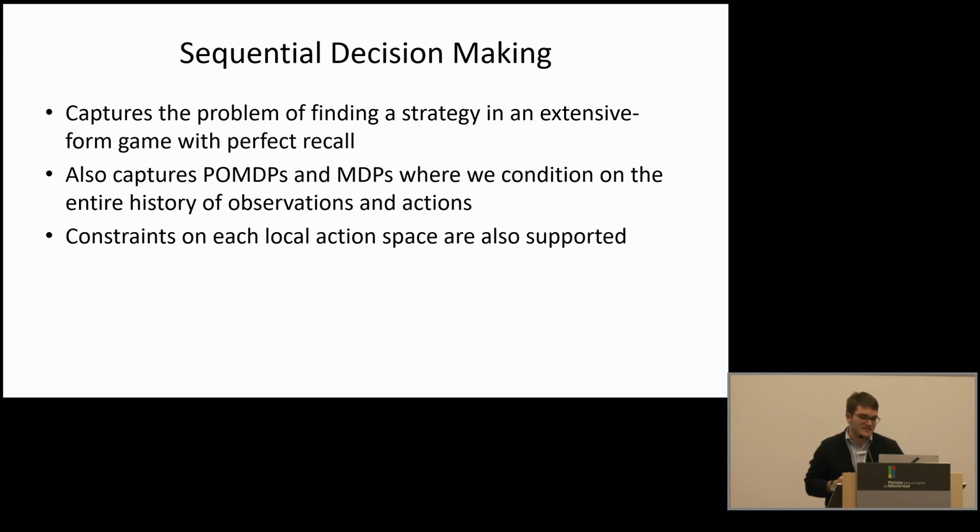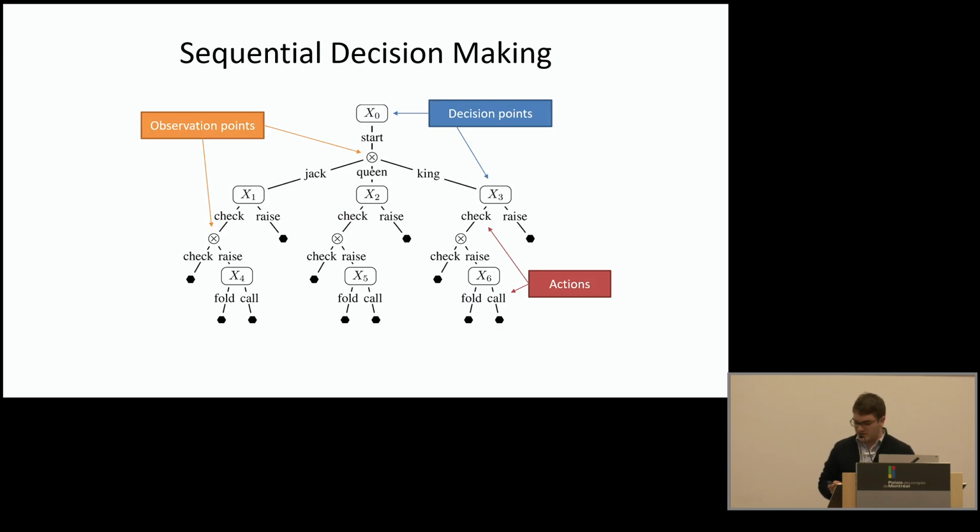It also generalizes other kinds of constructions like partially observable Markov decision processes and Markov decision processes where we condition on the entire history of observations and actions. And the other thing that we can do is that we can augment the structure so that those X subscript action spaces are general convex sets, not just simplexes like in extensive form games.